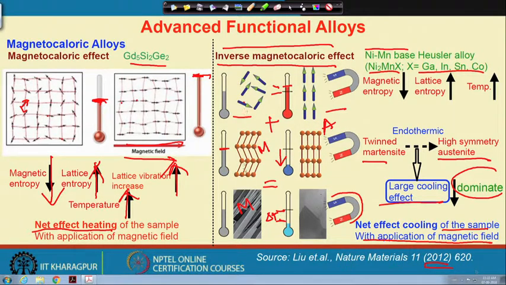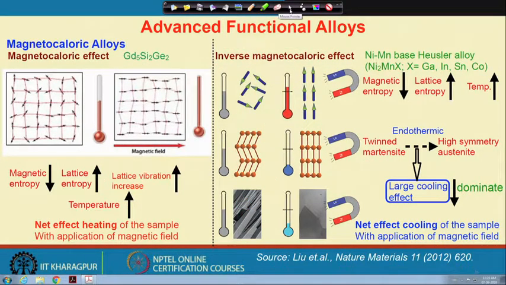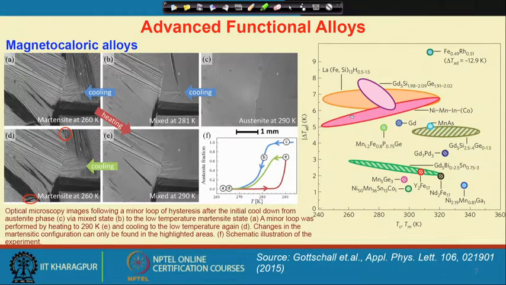So, we can understand that not only do we get heating, but depending on our choice of whether we want an inverse magnetocaloric effect or a conventional magnetocaloric effect, we can design the alloy accordingly, so that the structural transformation as well as the Curie transformation, meaning the spin alignment, occur at very close temperatures, and consider their effect on the net entropy change and the net adiabatic temperature change of the system.